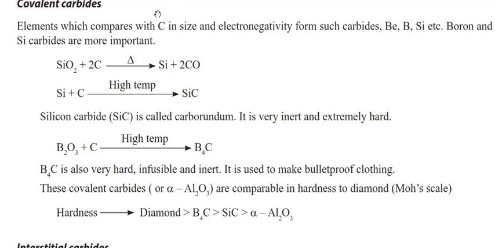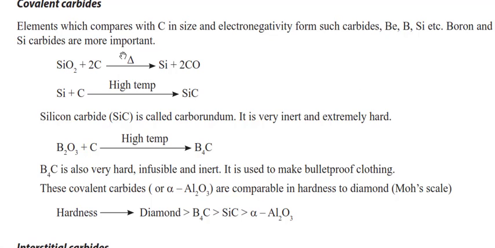So the elements whose electronegativity or size is related to carbon can form this kind of covalent carbides, like beryllium, boron, silicon, etc.